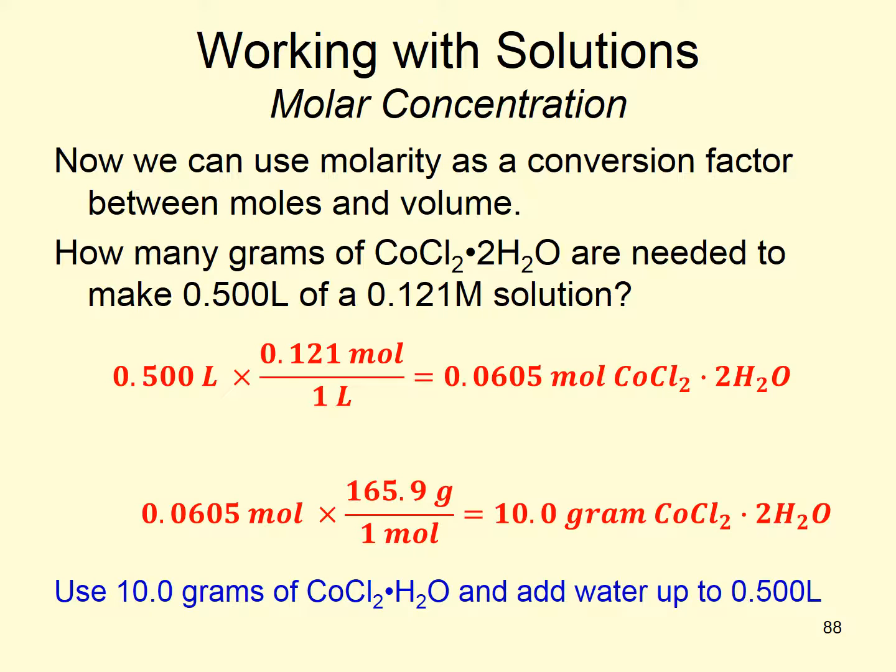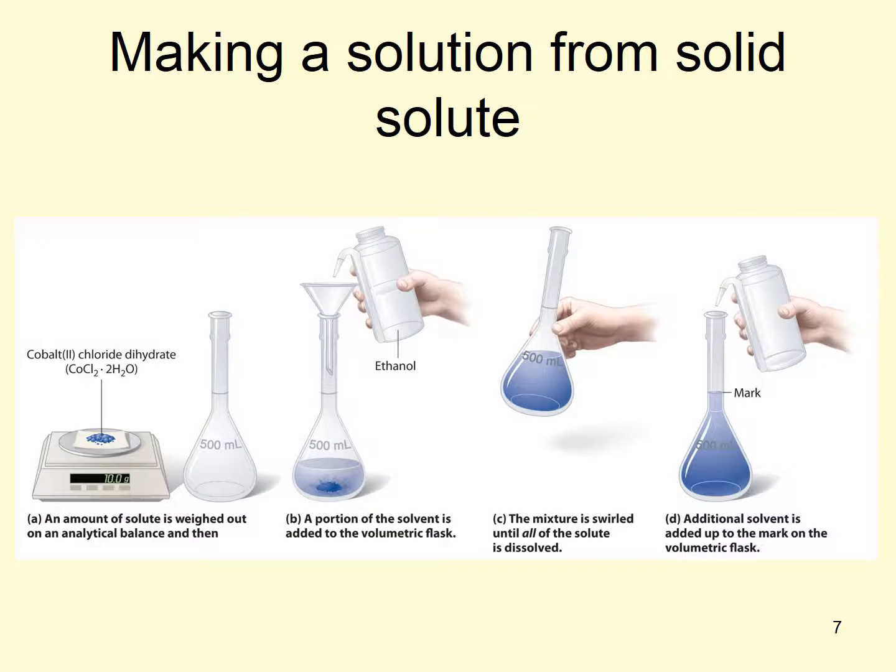So what we have to do is put 10 grams of that cobalt 2 chloride dihydrate and add water up to 0.5 liters, and we'll have our solution. It will be 0.121 molar. So here I have a little picture of the process. If you figure out how much you need to weigh, you weigh that out on some kind of a scale, 10 grams, put it into your container, and there's containers of very different sizes.